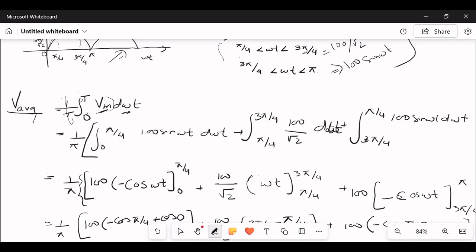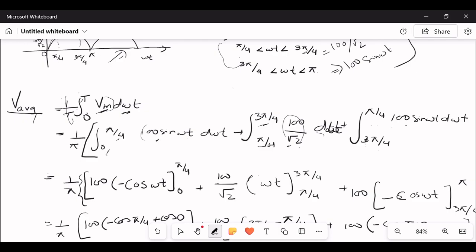From 0 to π/4, it is a sinusoidal waveform where the peak voltage is 100. For the next part, there is a constant voltage from π/4 to 3π/4, which is 100/√2, so we do 100/√2 d ωt. For the next part, there is a sinusoidal waveform again from 3π/4 to π, which is 100 sin ωt.